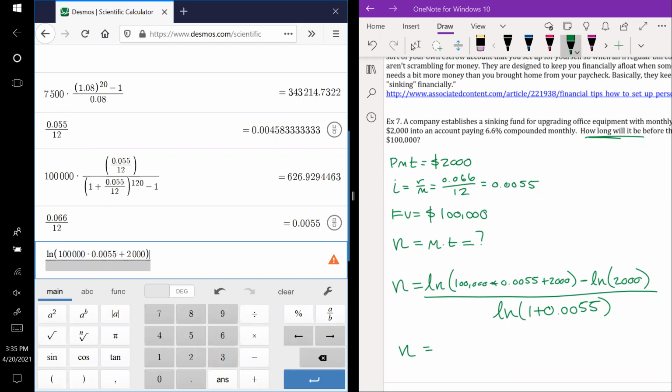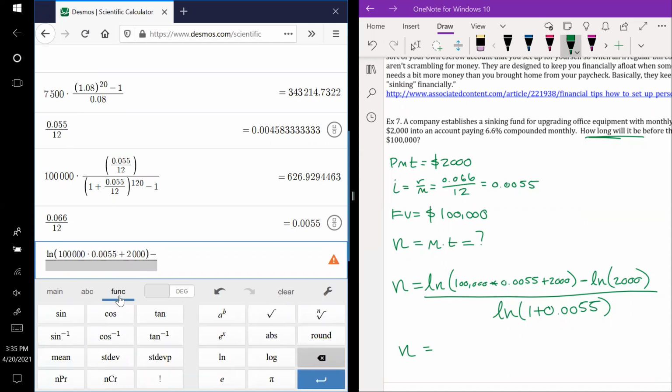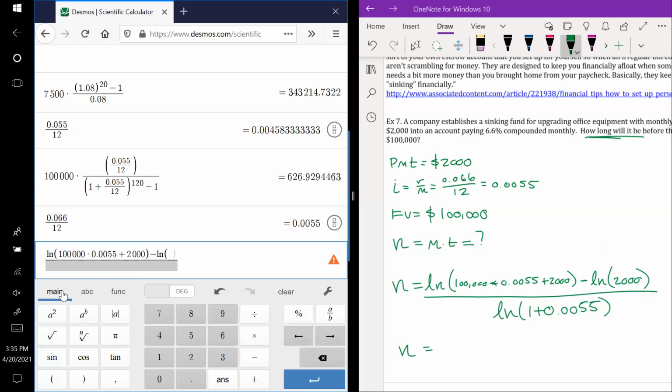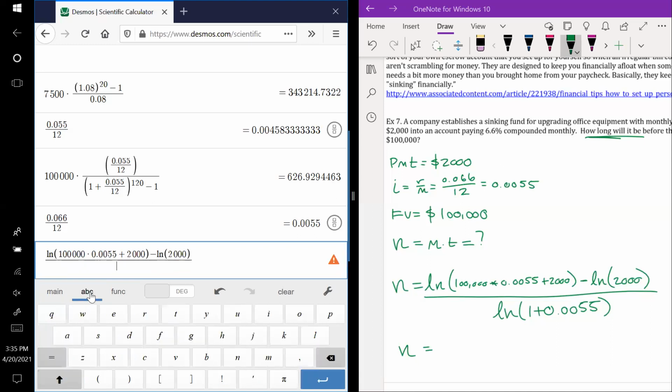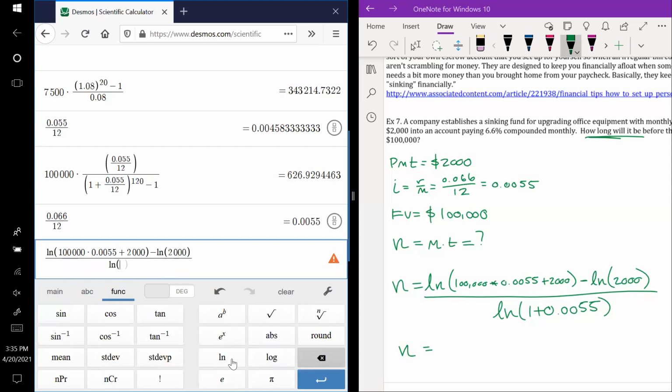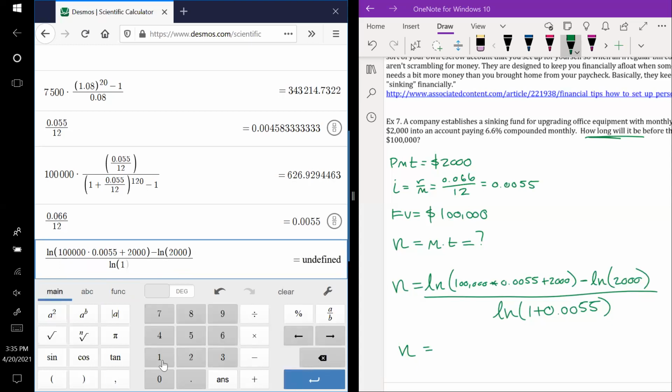Close that, and then minus the natural log of 2,000 over the natural log of 1.0055. And we get 44.29.